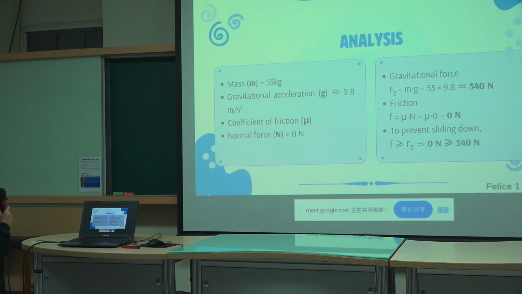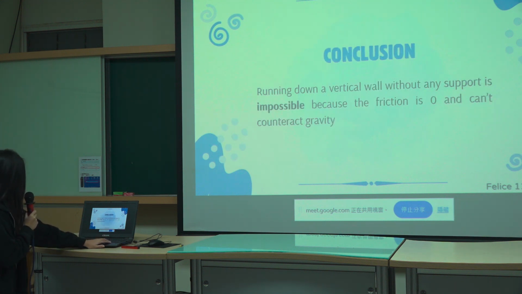And friction, we can use the formula F equals coefficient of friction times normal force, and the result will be 0 Newton. To prevent sliding down, the friction must at least be equal to the gravitational force, and this is clearly impossible. So in conclusion, running down a vertical wall without any support is impossible because the friction is 0 and can't counteract gravity.